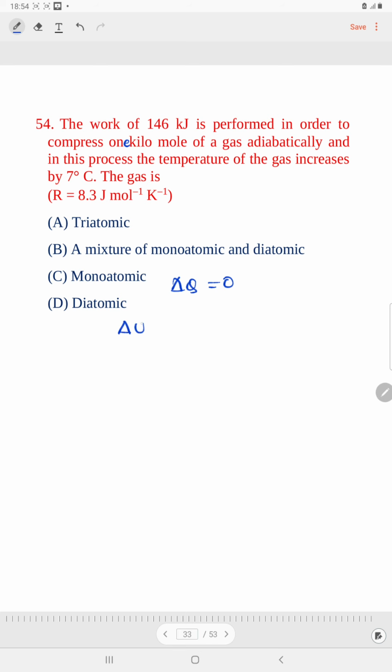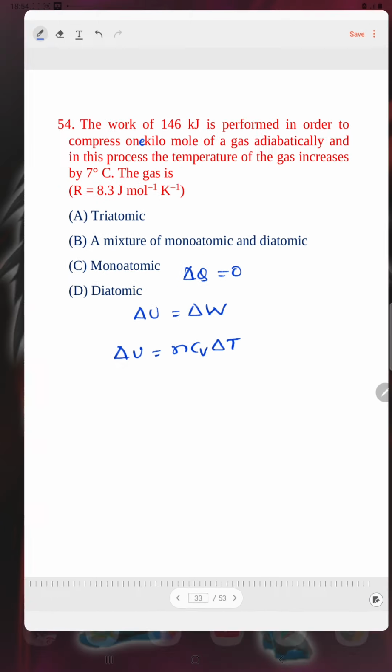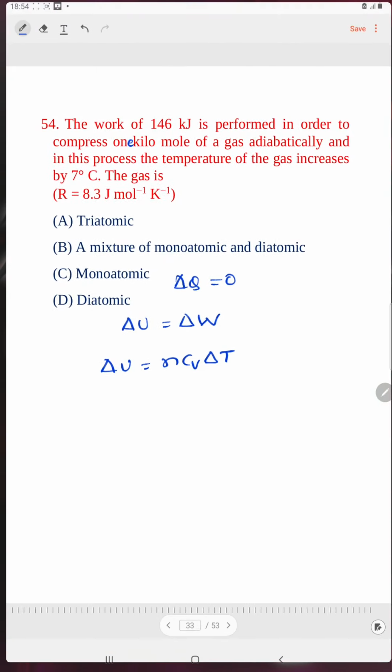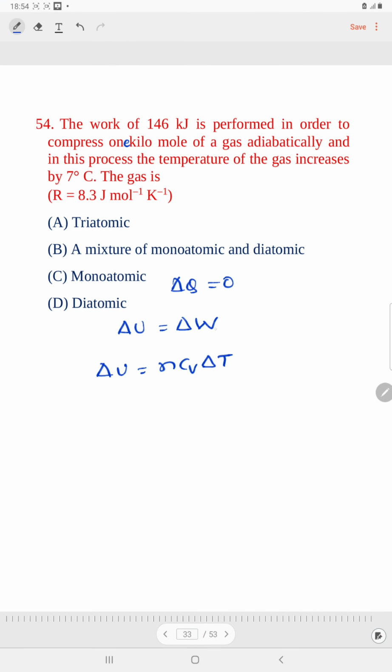Then delta U and delta W both are equal here. Correct. If delta U is equal to delta W in an adiabatic process, then I know delta U is equal to n Cv delta T. This is the formula for delta U.